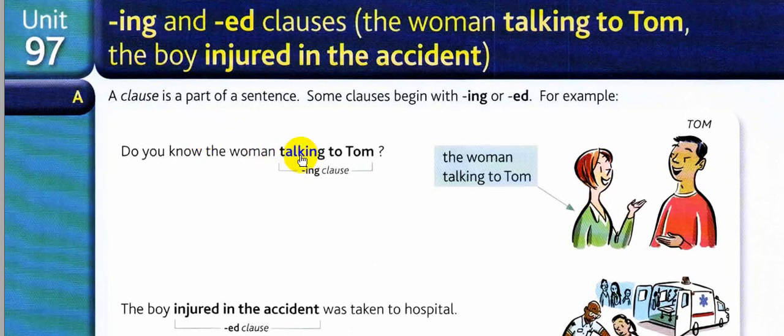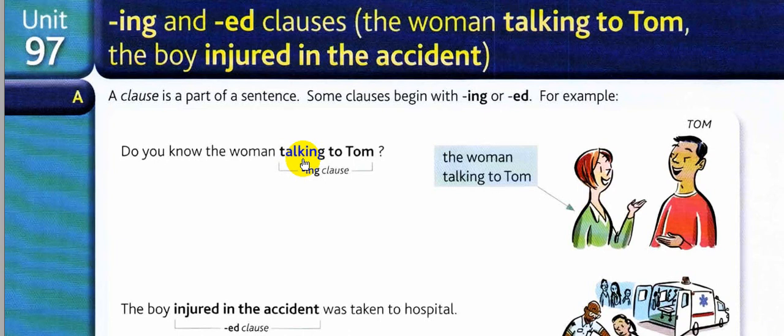And here we don't have neither subject nor a verb. Here this group of words starts with verb plus ing. Okay, so it is a phrase. We don't have a subject. The subject is deleted, and the verb form is not clear. Okay, talking, is it present simple?